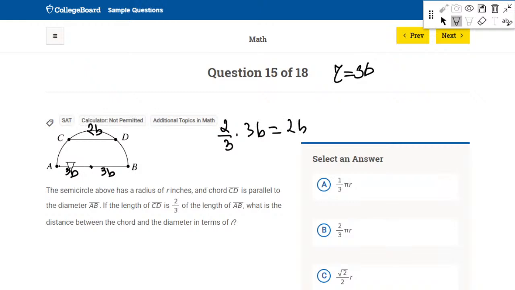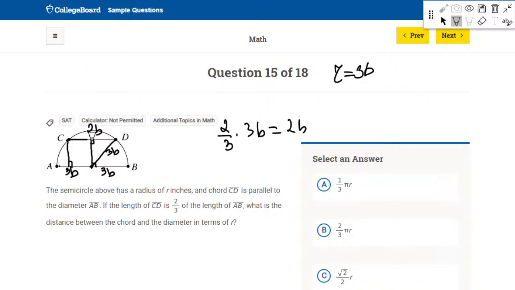What is the distance between the chord and the diameter? Distance is this perpendicular line. This perpendicular line can be drawn here, right? And if I connect, this is the radius, so it's 3b.